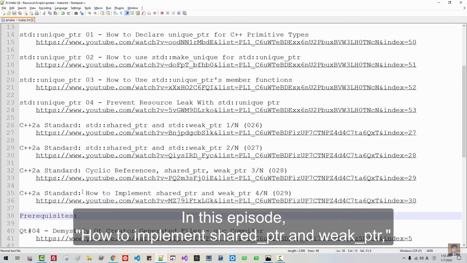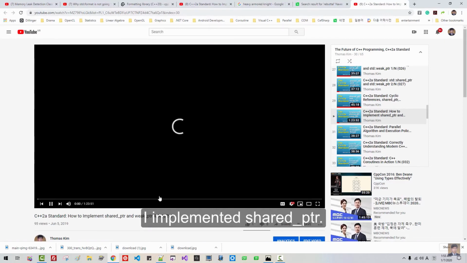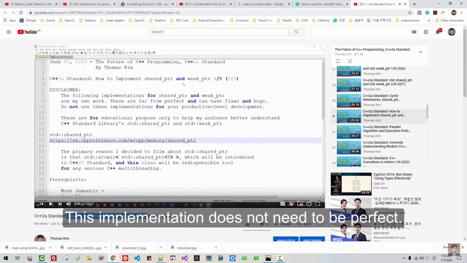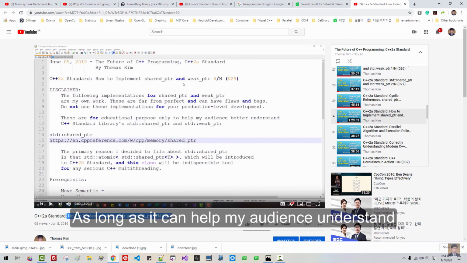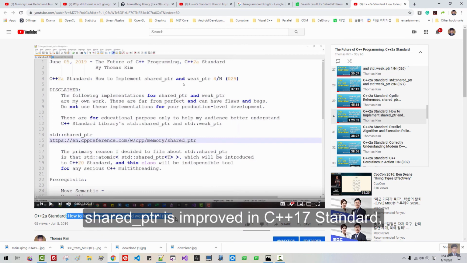In the episode on how to implement shared_ptr and weak_ptr, I implemented shared_ptr. This implementation does not need to be perfect, as long as it can help my audience understand the internals of shared_ptr and the cost of using shared_ptr. shared_ptr was improved in the C++17 standard and will also be improved in the C++20 standard.